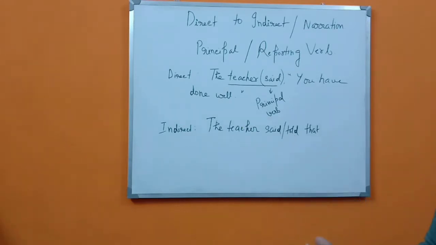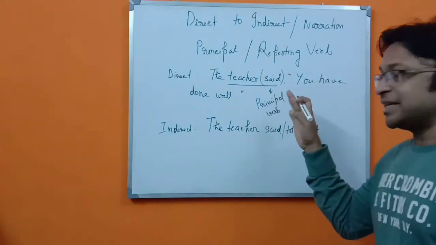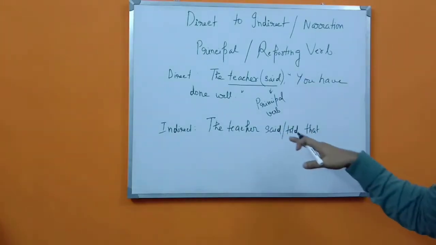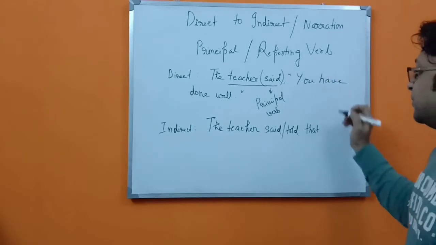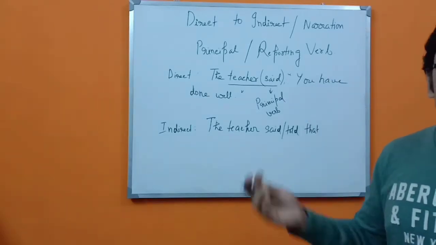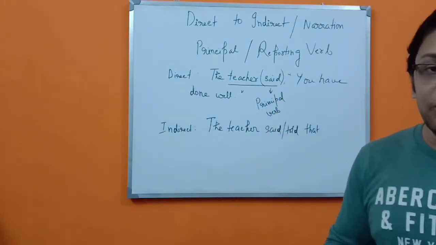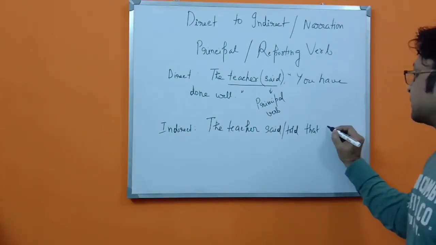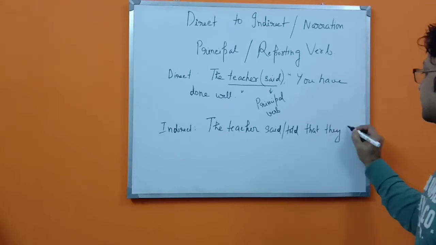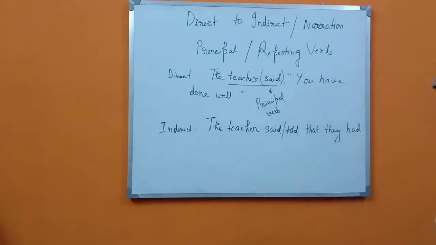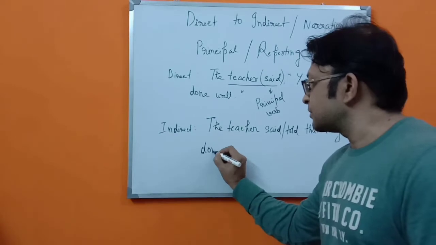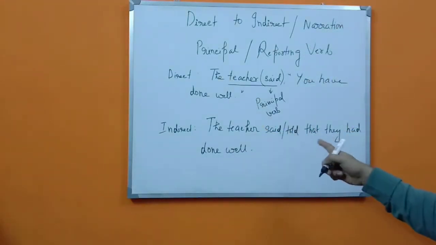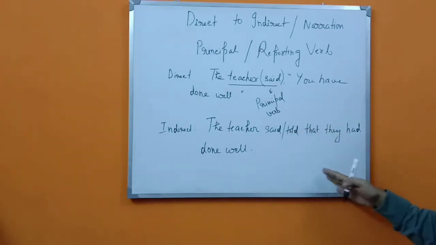It acts as a conjunction and joins these sentences, because I am going to remove the punctuation. The teacher said that or told that, and I can transform this pronoun into another pronoun. See what I can do. The teacher said that or told that they had done well.